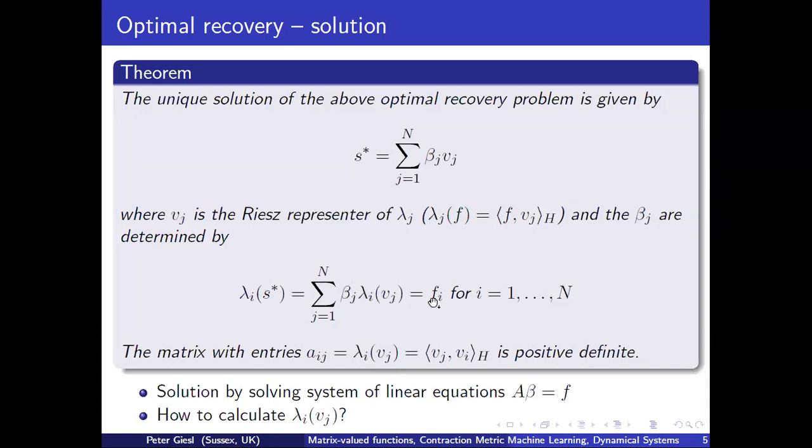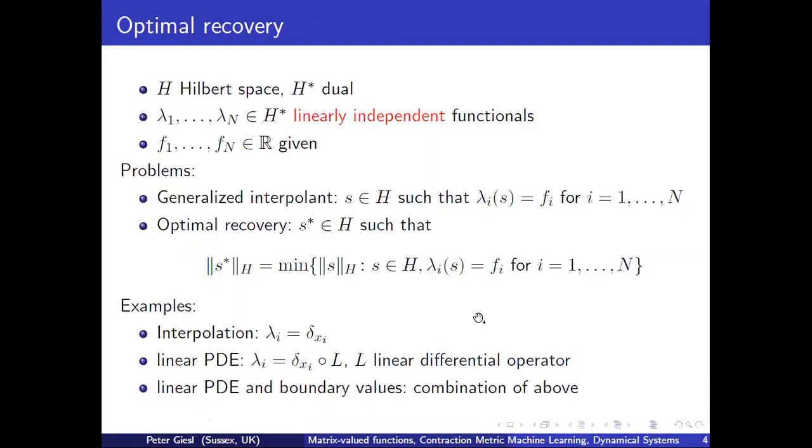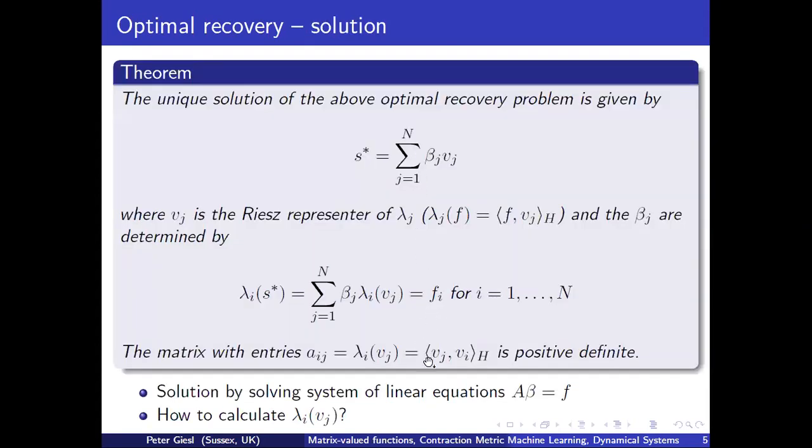And then you can see that this equation here is the equation A beta is F. We can also write this with a Riesz representer, and we can see straight away from here that it's a positive definite matrix, given that we said the lambdas are linearly independent. So the solution of this optimal recovery problem is quite easy to establish. It's obtained by solving a system of linear equations.